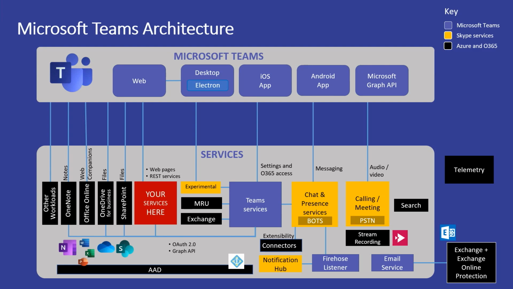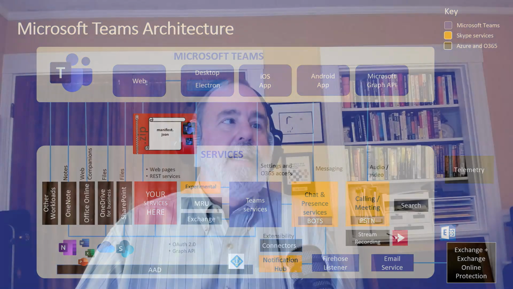So as long as you have a web page anywhere on the internet, or a REST service that implements a bot anywhere on the internet, and we can reach that, you can reuse that functionality inside of Teams. Now, Teams just needs to know where the web page is, where the web service is, and that kind of thing. And that's where the manifest comes in, that you've seen a couple of the other presenters already talking about. The manifest tells Teams how to stitch your application into the UI.